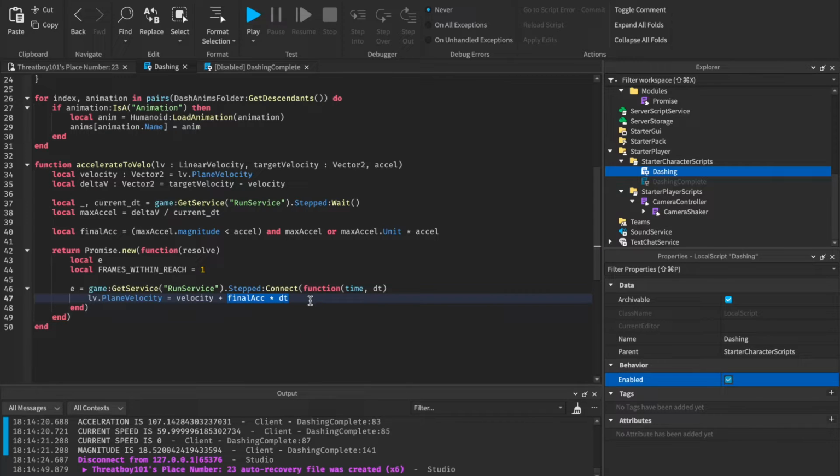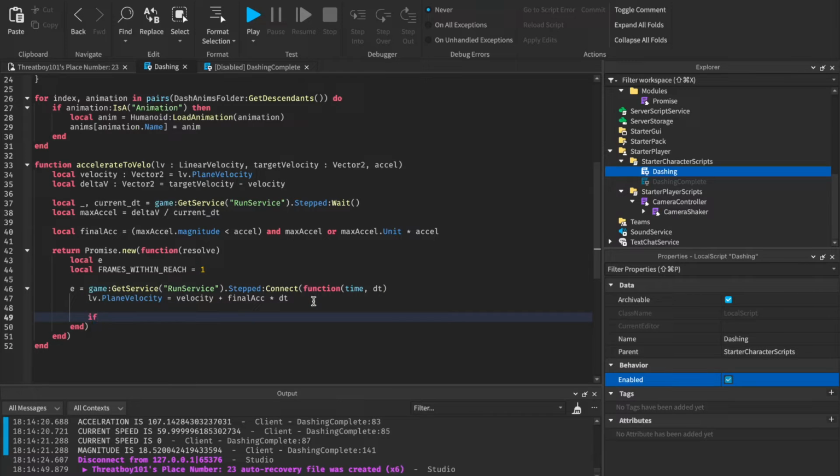Let's say our final acceleration was 3 meters per second squared. When we multiply by dt, we're multiplying it by the time it takes for a frame to elapse. So over the course of 1 second, we would have added 3 meters per second to our velocity.